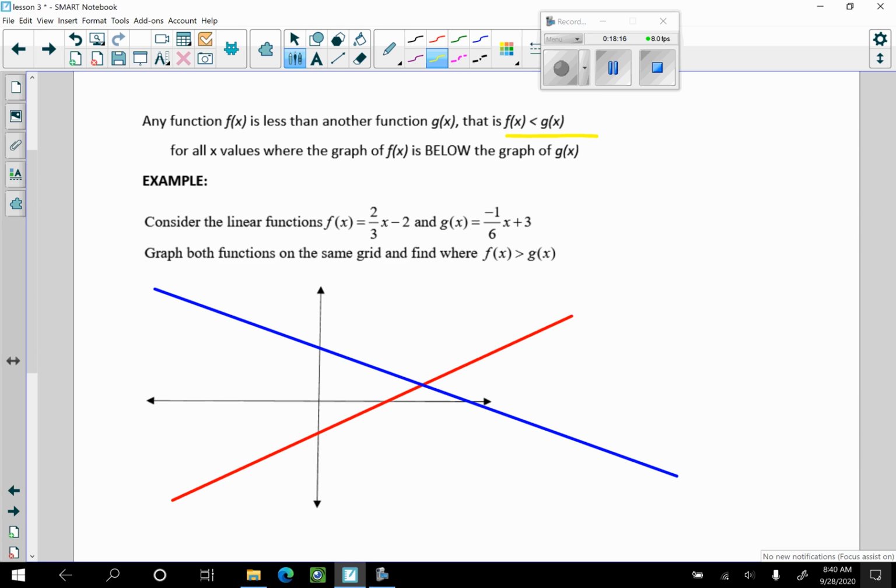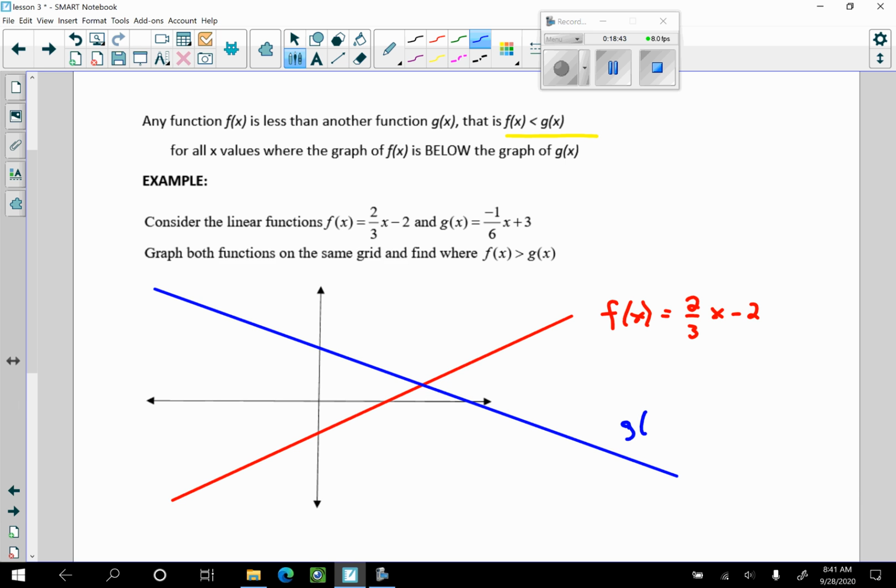So I'm going to consider these two linear functions, 2/3 x minus 2 and -1/6 x plus 3. This guy here has to be f of x because it's the only one of the two lines with a positive slope. So this is f of x. And this guy here has to be g of x because it has a negative slope, because Stickman is walking downhill.